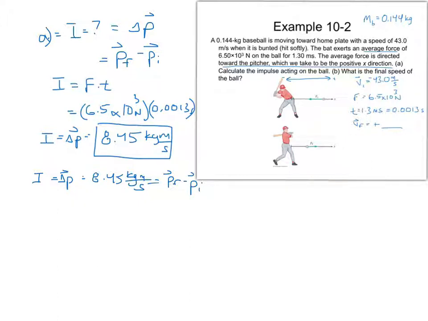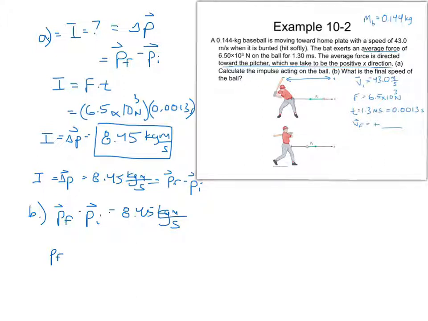Okay, so let's solve and find this final momentum. If we find that, we can find the final velocity. Make sense? Okay, so this is part B right here. Momentum final minus momentum initial equals 8.45 kilogram meters per second. All right, let's solve for our final momentum.